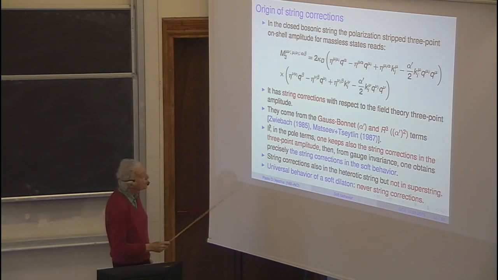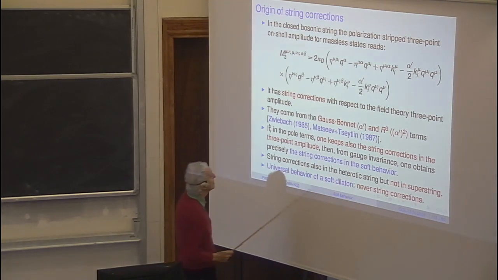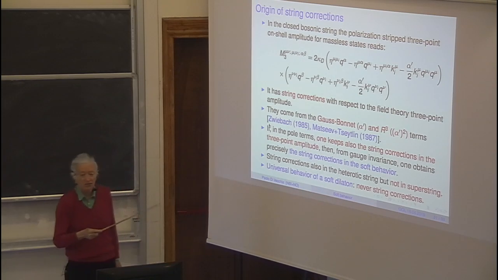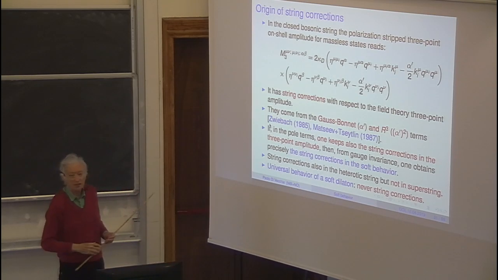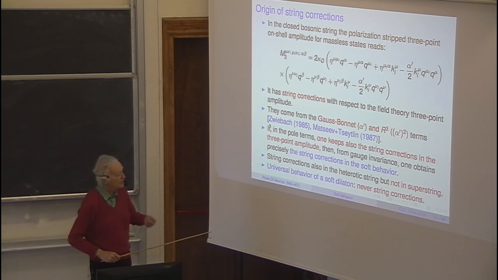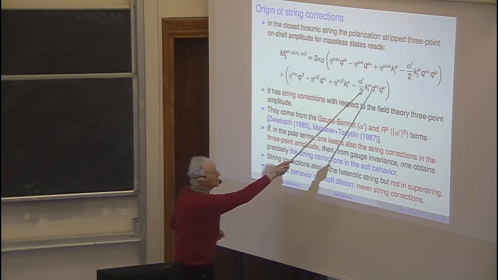Now, suppose that in the pole term you keep also the string correction, then if you go through the procedure with the extra term, you get also the string correction in the sub-subleading term. So, sorry, the sub-subleading string corrections are completely determined by this term here.